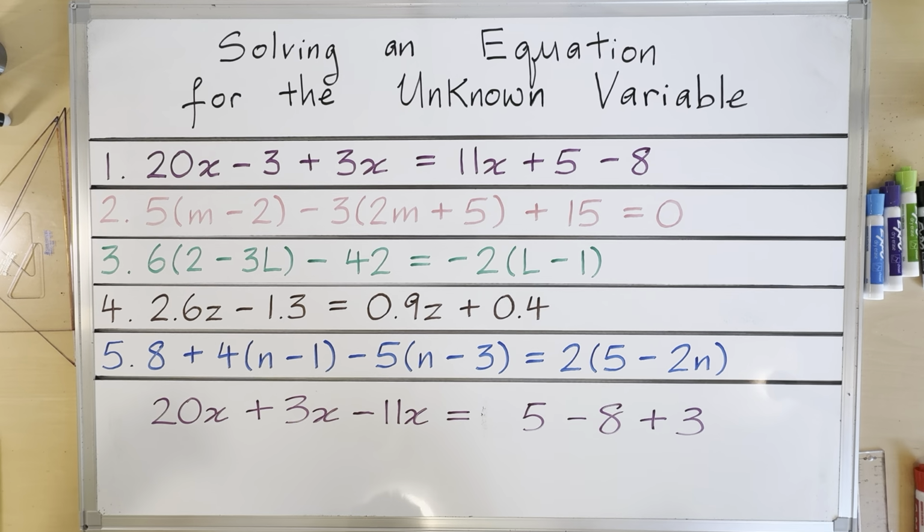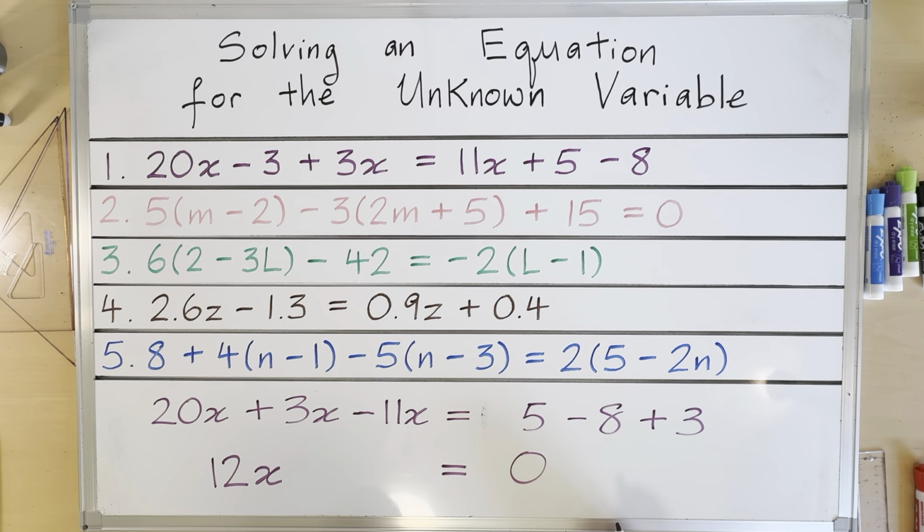Now, all we have to do is gather like terms. So 20x plus 3x gives us 23x. 23x minus 11x gives us positive 12x. Now, 5 minus 8 gives us negative 3, and negative 3 plus 3 gives us 0.